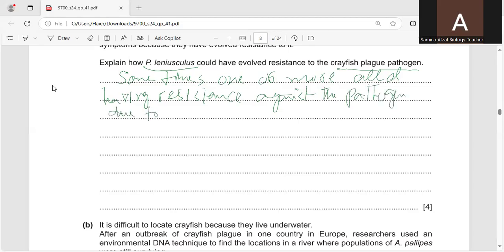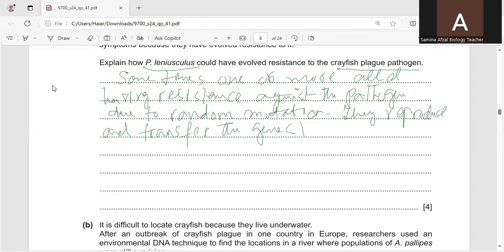They reproduce and transfer the genes to the next generation.